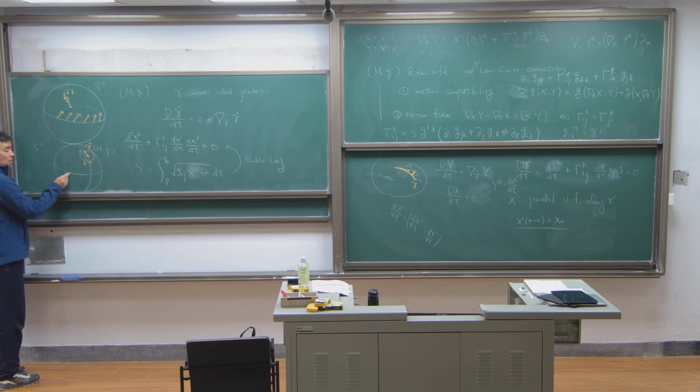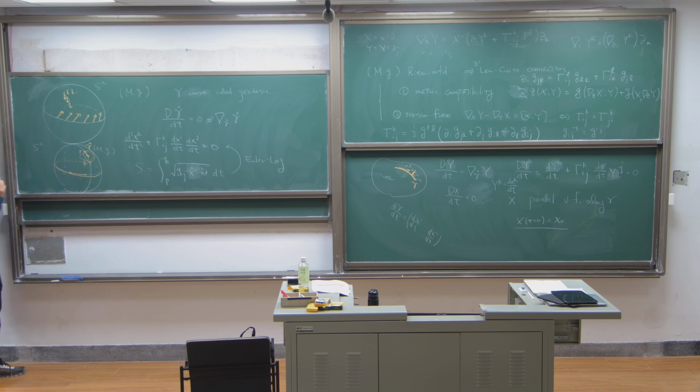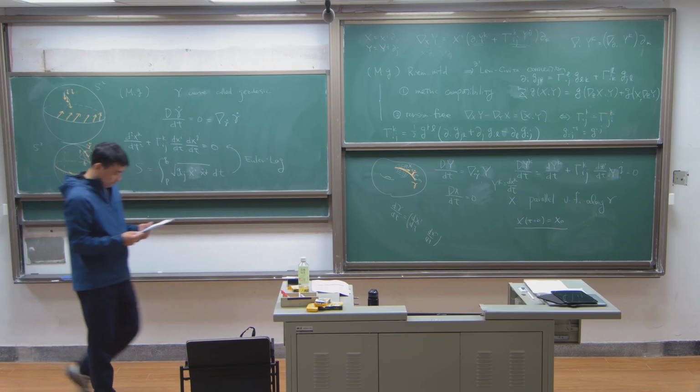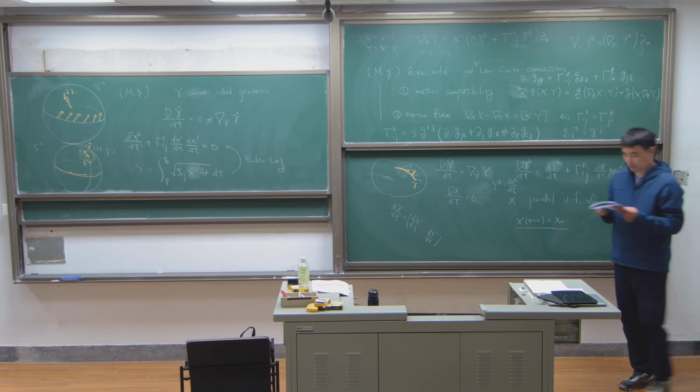This is a geodesic, but you can also circle around to come back to this point. This also satisfies the geodesic equation, but it's not the shortest path because you just circle around. So solving this equation always gives you the locally shortest path, but globally it can be longer.